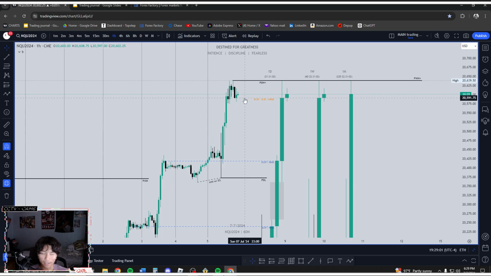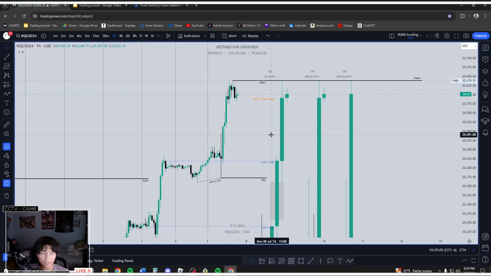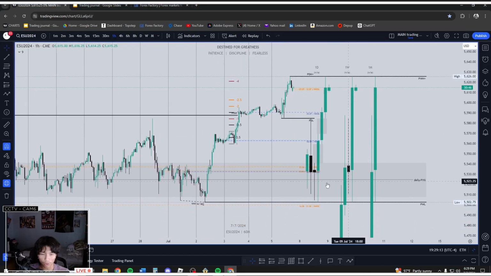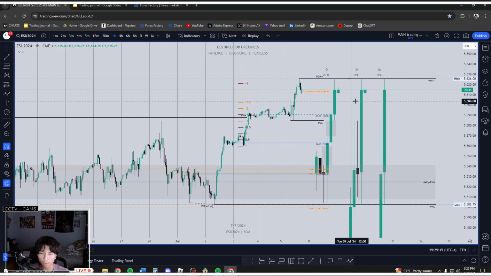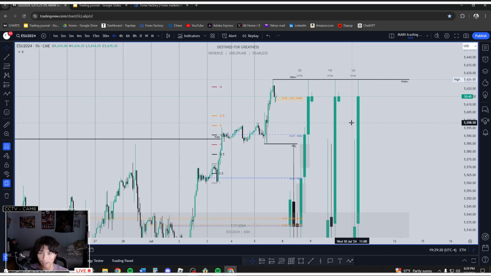And yeah, that is just a note that I wanted to talk about. On ES, same analysis on ES as NQ. We're really strong. Previous week's high is my draw on liquidity on the higher time frame as of right now.